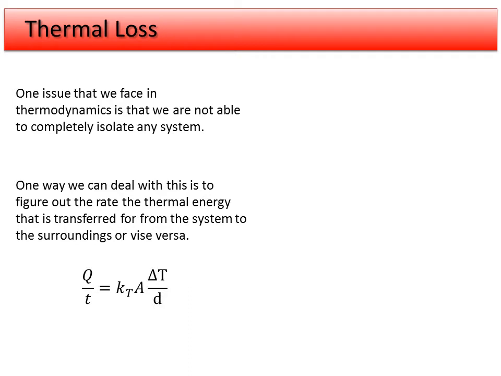So the equation that governs this is the rate of energy, so how much energy per time, how many joules per second are we transferring in or out of the system, is equal to the area between the system and the surroundings, and it has the change of temperature between the system and the surroundings, as well as d, which is the distance between the two.